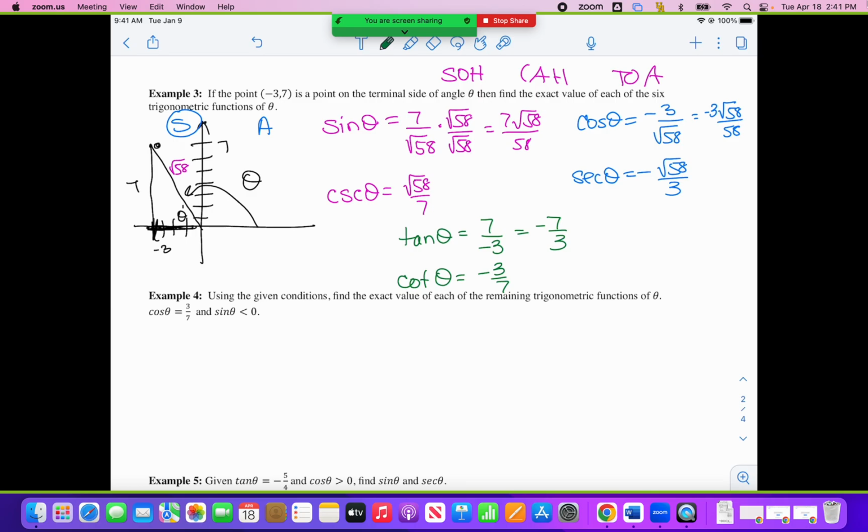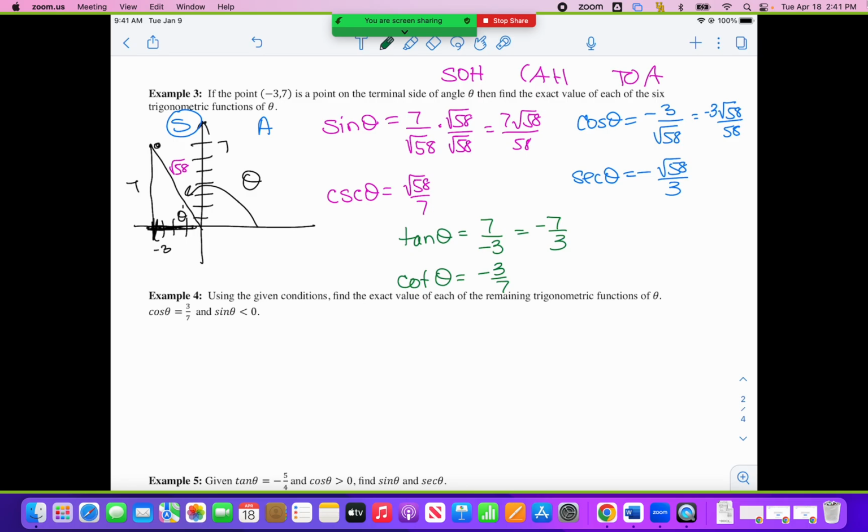So let me talk you through this one more time in case I went a little too fast. If it says you have a point that's on the terminal side of an angle, plot the point. Then you're going to create a right triangle to the x-axis.